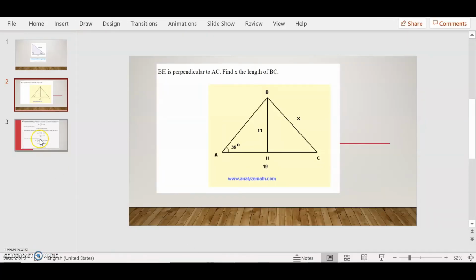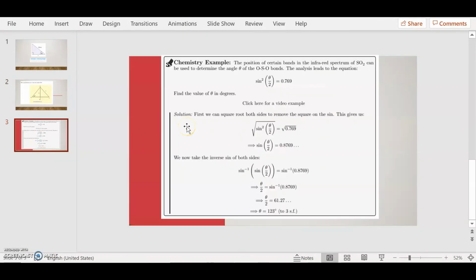Okay, so the next question is a chemistry example. The position of certain bands in the infrared spectrum of SO2 can be used to determine the angle of the O-S-O bonds. The analysis leads to the equation. Now we look at this equation. Firstly, we see the square on the sine, and we want to find theta.